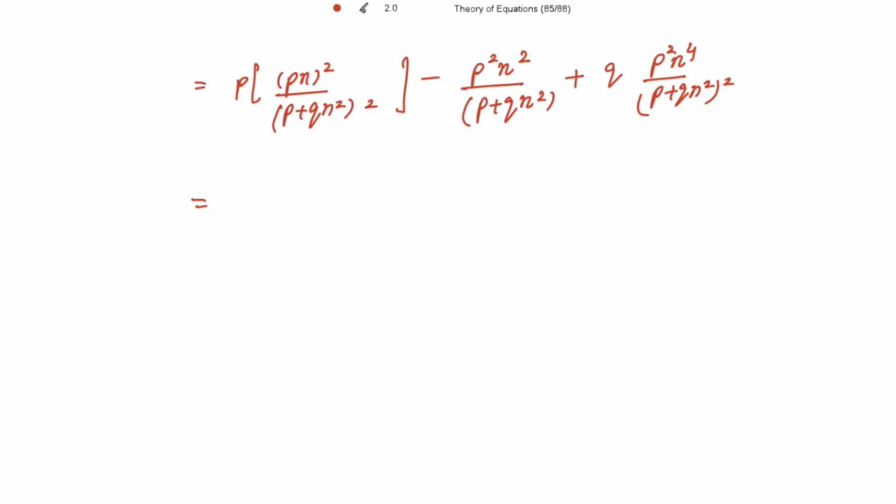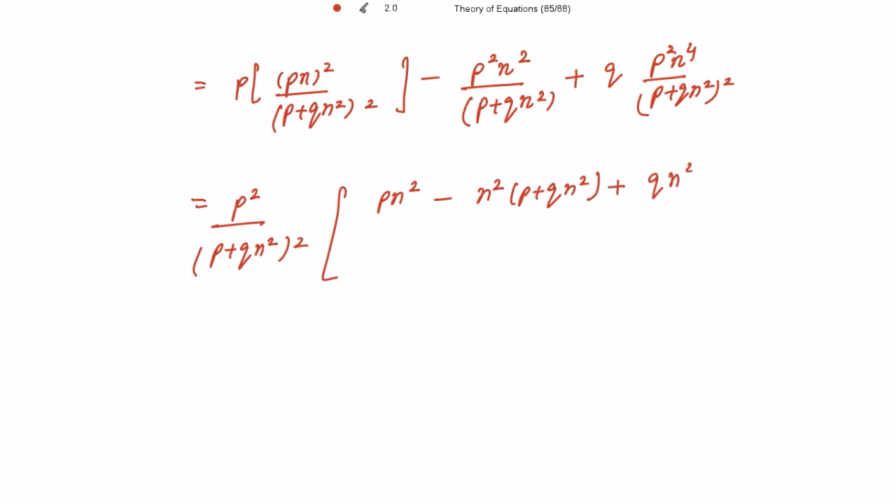Let's take the common term, p square divided by (p + q n square) whole square. And we get in the first term, please look at this carefully, p n square minus n square into (p + q n square) plus q into n to the power 4.